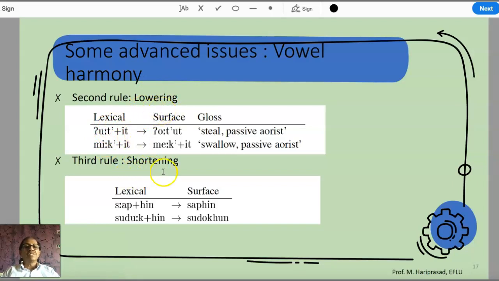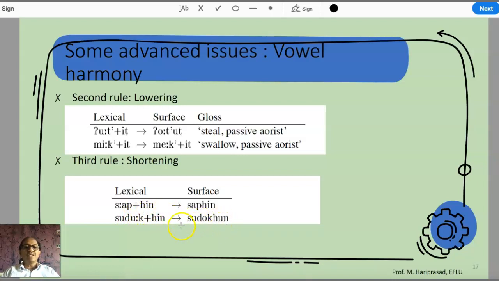There's a third rule which is called the shortening rule. So you have a long vowel becoming short. Here is sap, A is long, and hin, E is short. So A becomes short, sapin. Saduk, U is long, hin becomes sadokun. Right?